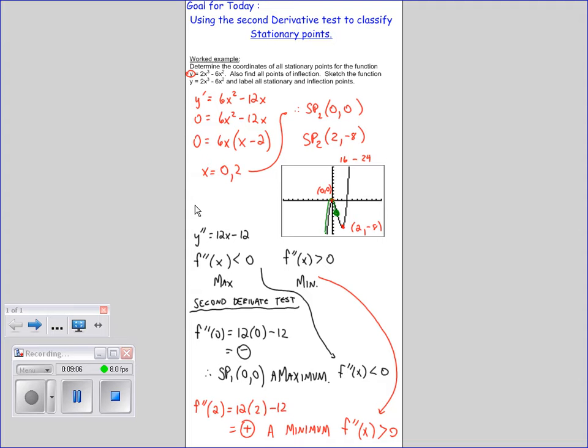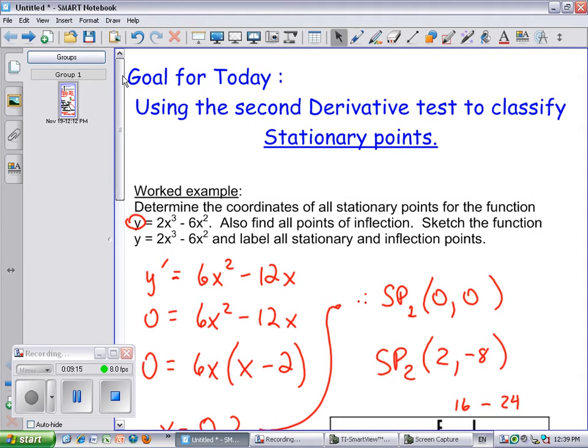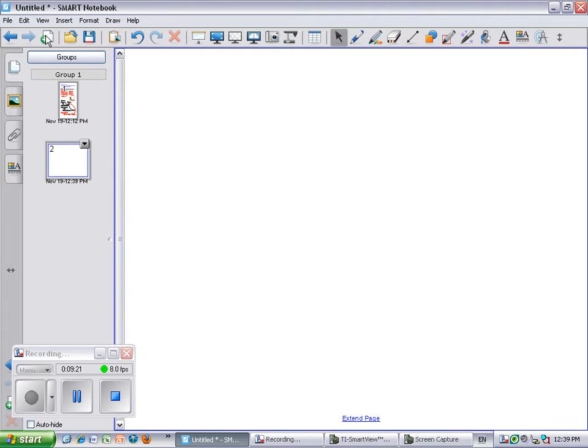But where does the inflection point occur? It occurs where the second derivative is 0. Algebraically, I'll get into that next day. But for today, let's just accept that if the second derivative equals 0, we have what's called an inflection point.